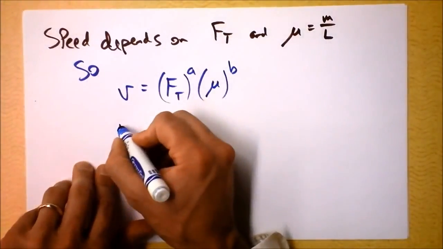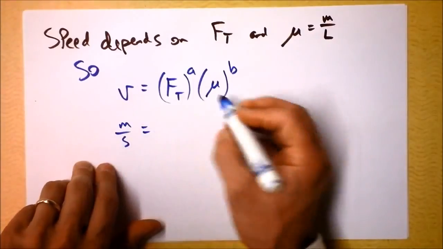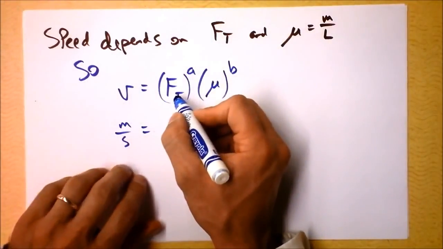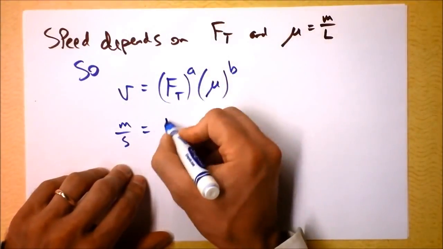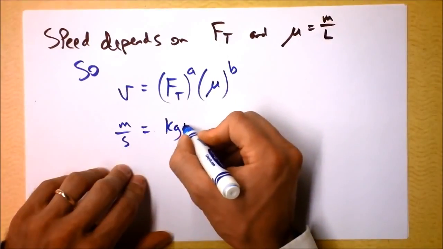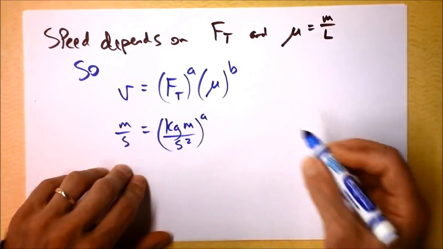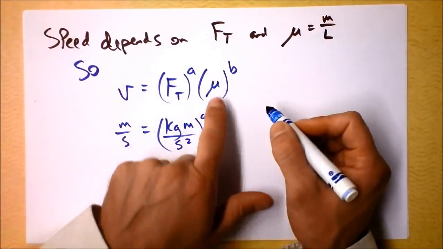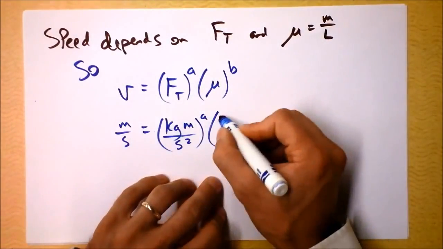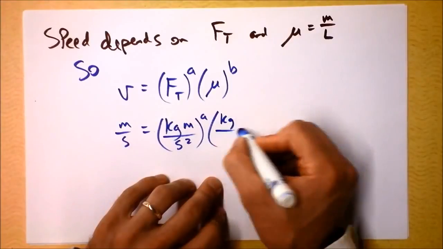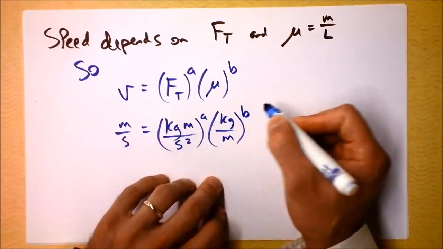So this is going to be meters per second, and this is going to be, oh, we've got newtons in here. Newtons are kilogram meters per second squared, to the A. And then we've got this mu thing, which has units of kilograms divided by meters, to the B.